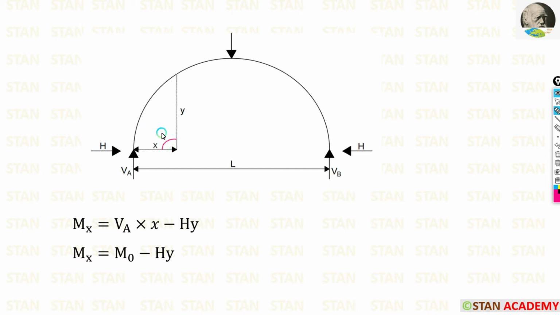For the horizontal thrust, this is the perpendicular distance because it is 90 degree, so we need to take this height. The horizontal thrust is acting in the anti-clockwise direction, so it will be negative. We have already seen that in case of a simply supported arch, Hy will not come, so we only considered Va into x, which is m0. Now let's go back to the derivation.